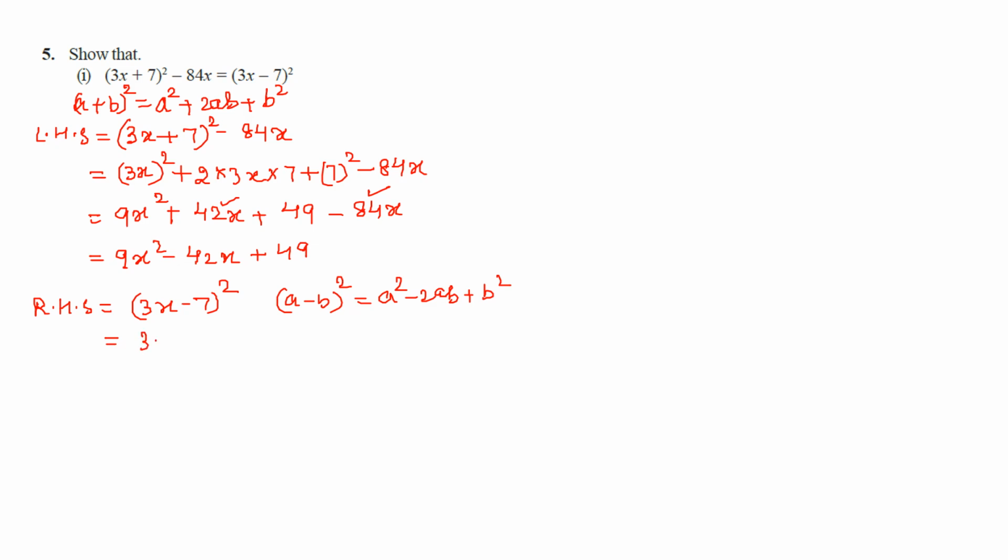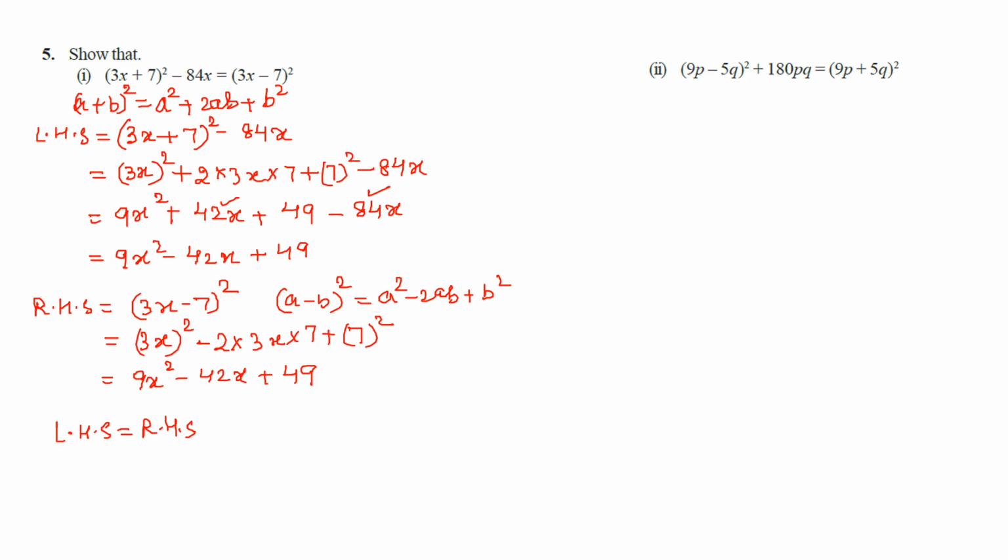So here I will write (3x) whole square minus 2 into 3x into 7 plus 7 whole square. So (3x) whole square will give me 9x square minus 2 into 3, 6, 6 into 7, 42x plus 7 square is 49. So if you see LHS and RHS both are equal, so I can write from here LHS is equal to RHS. Okay, so same way we have to do the other question.